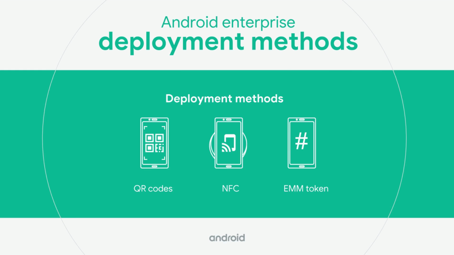With Android 6, we introduced the EMM token, so you could add a specific AFW hashtag EMM code instead of your Gmail account in order to deploy the device. With Android 7, we introduced the QR code, so you could tap 6 times on the welcome screen in order to download a QR reader. But with Android 8, what we have introduced is this new method called Zero Touch.